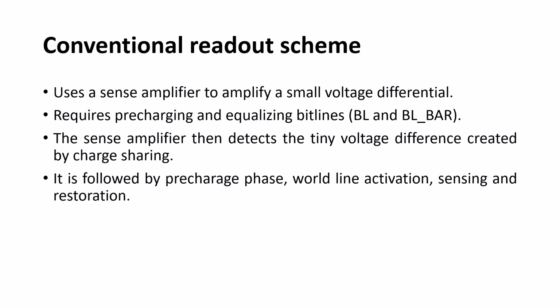So the sense amplifier detects these tiny voltages created by charge sharing from the storage node capacitance. Let us take an example to understand this. Say we have VDD on the storage node capacitance. After asserting the word line, the access transistor is turned on and the charge from the storage node starts flowing via the access transistor to the bitline capacitance, as a result of which the bitline voltage will be slightly increased by some delta V, the sense margin.